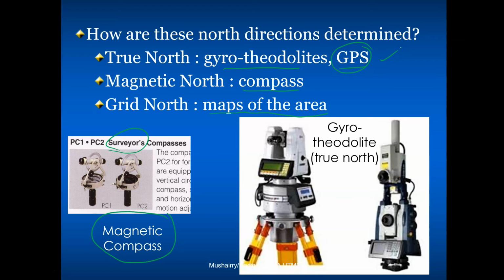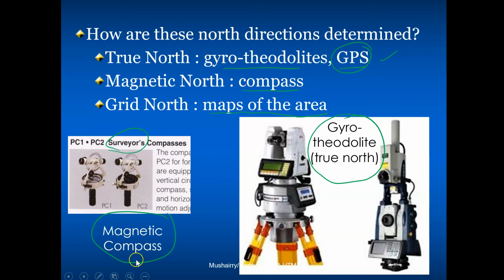If you are on the surface, that's fine, you use GPS. But if you're doing tunneling work, there's no GPS signal. So you need one of these gyrotheodolites to tell you where north is when you are underground. You don't want to end up tunneling in the wrong direction.